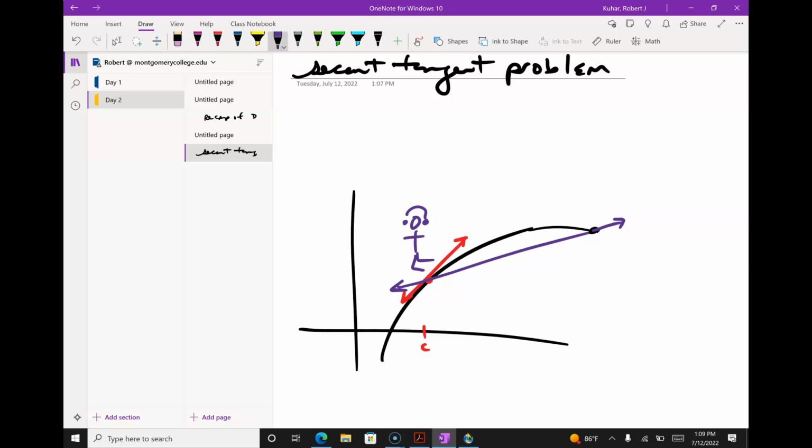But then what I do is I move this point closer to C. So I move it to here, then to here, then to here. And look at what's happening to those slopes. They're becoming the slope of the tangent. The slopes of those secant lines are getting closer and closer to the slope of the tangent.